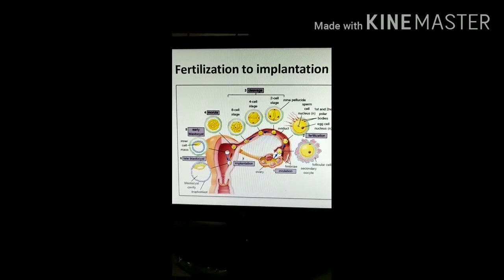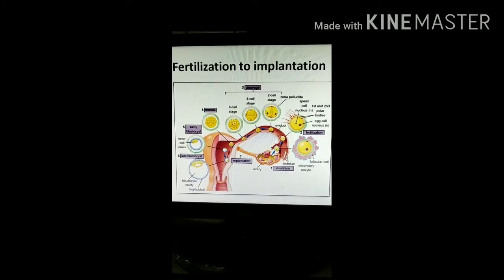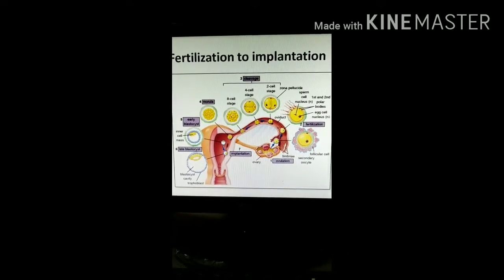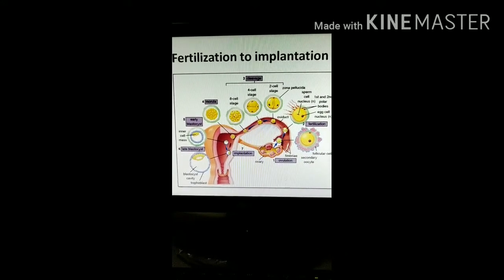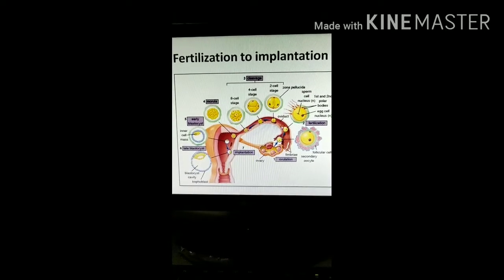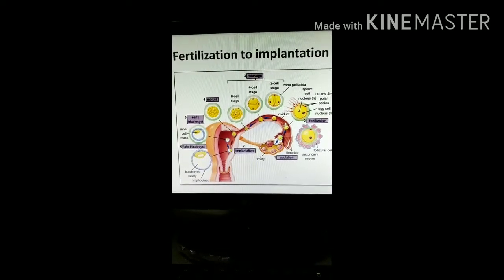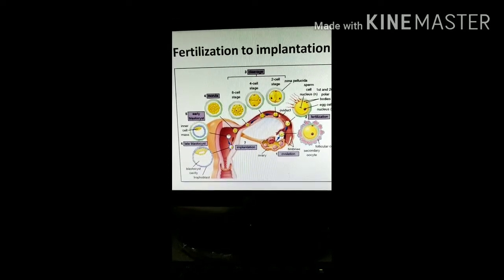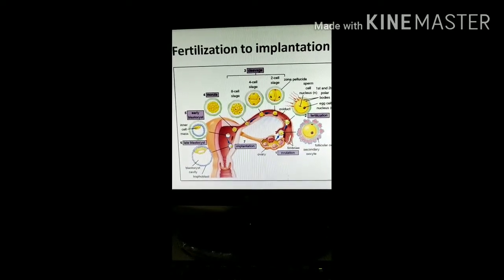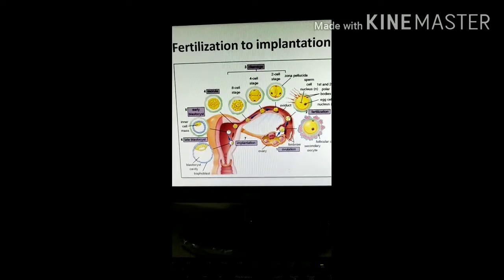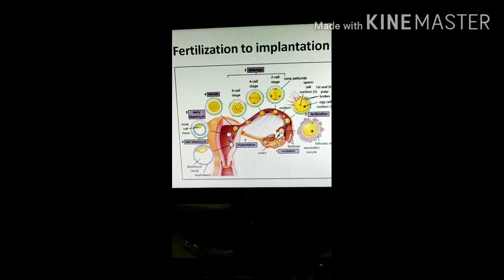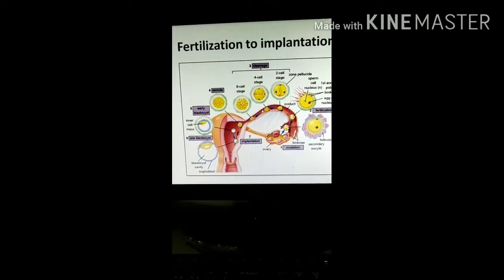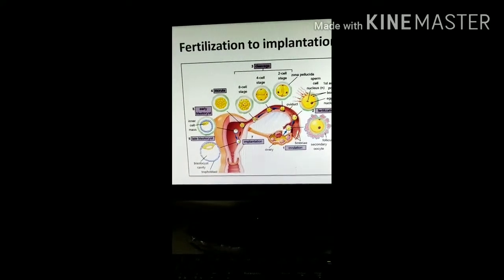This is the figure which focuses on the events. These occur in the region of the fallopian tube. Fertilization starts in the fallopian tube, and after the fertilization, the next event, cleavage, also occurs in the fallopian tube.